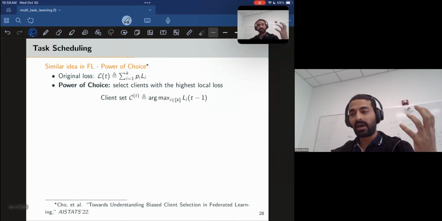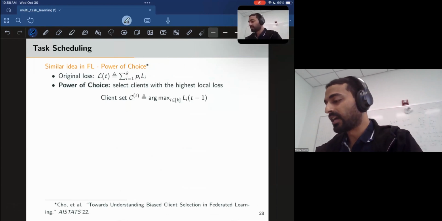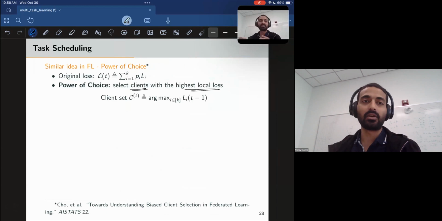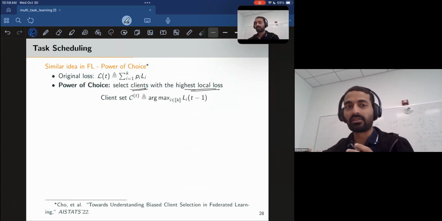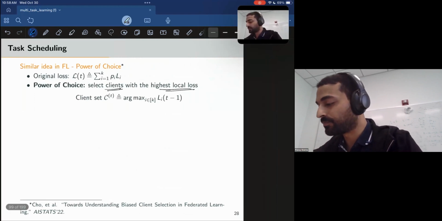What happens in the power of choice method is that we select a subset of clients which have the highest local loss, right? So we are prioritizing clients which have higher loss or which are struggling to learn compared to those which are doing well. So this is very similar. This is exactly the task scheduling idea.